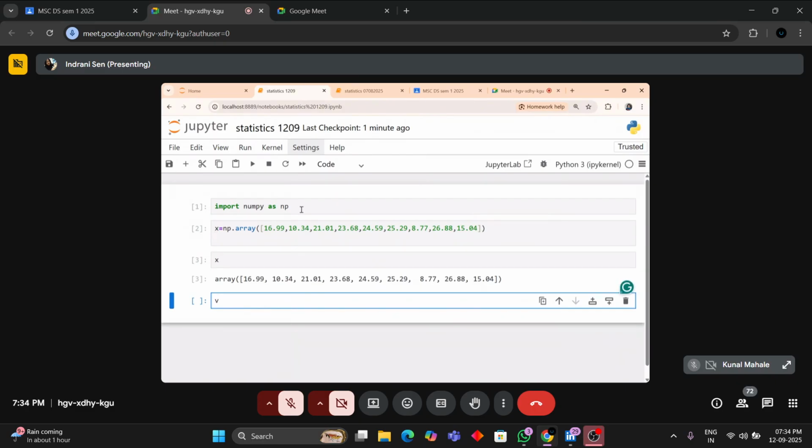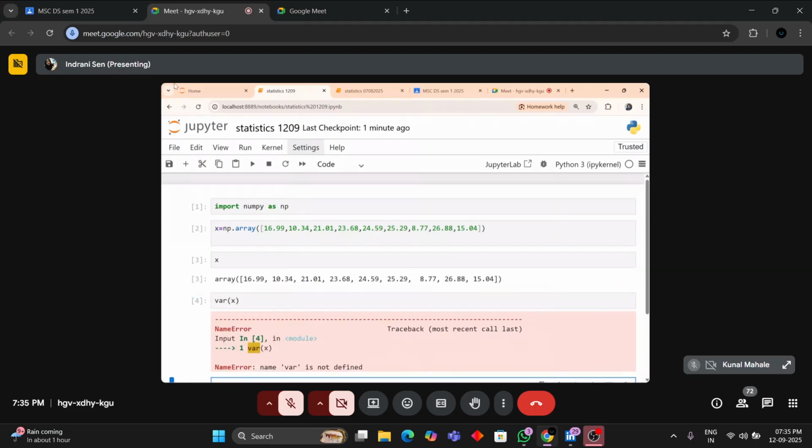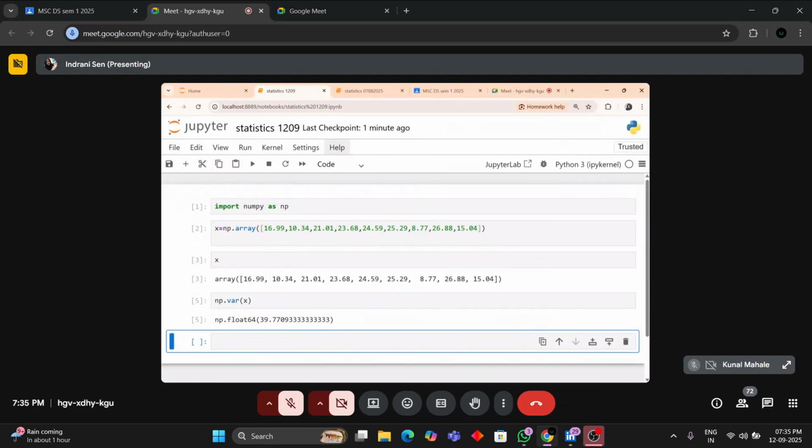Now you can just do var, means variance of x, which will give you the variance of x. Sorry, np dot var. So 39.77, we had also calculated it here.